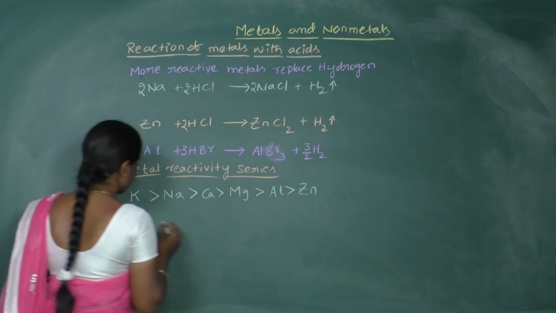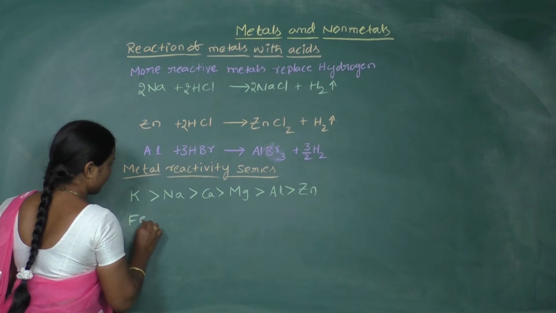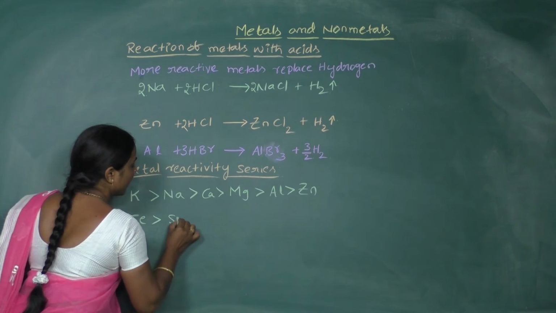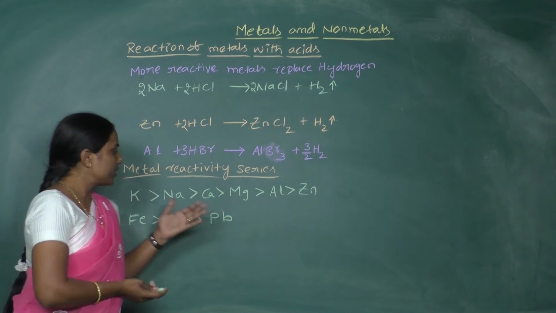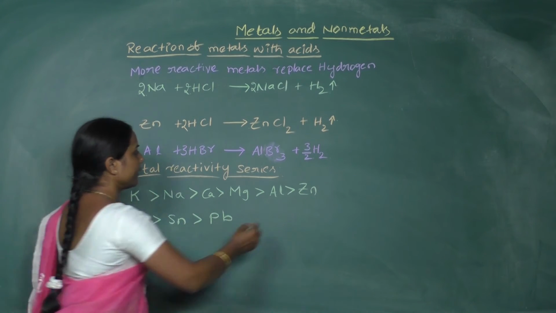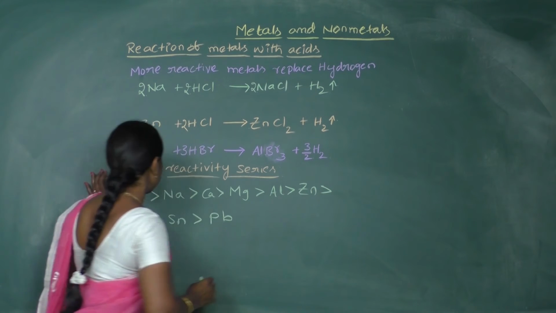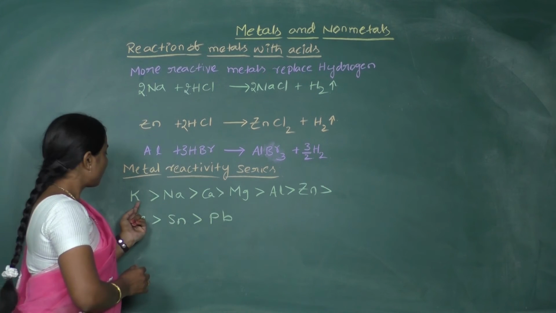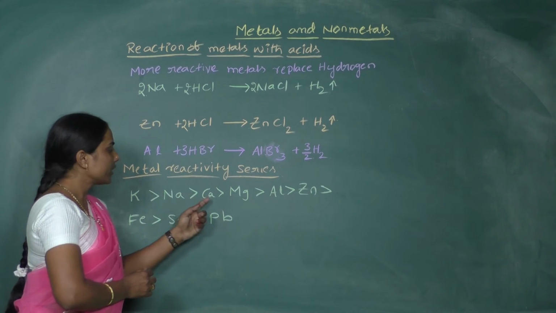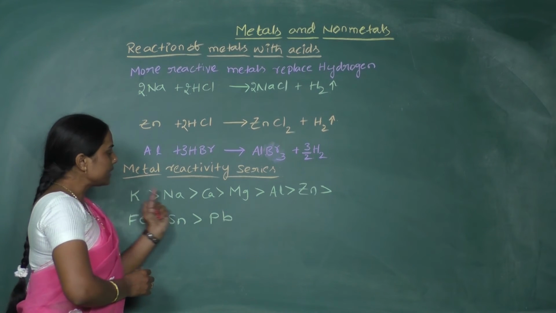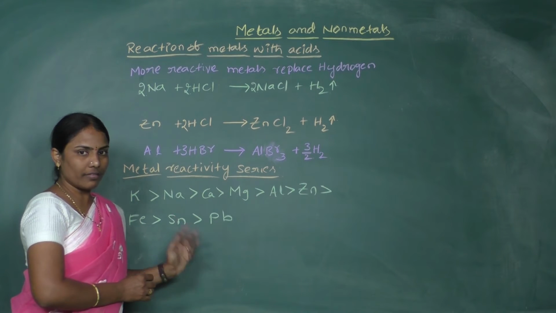Continuing, it is iron, tin and lead. So these are all the elements in their decreasing order of reactivity. What do you understand from this? Potassium is more reactive than sodium, sodium is more reactive than calcium, like that. It is the decreasing order of reactivity of metals.